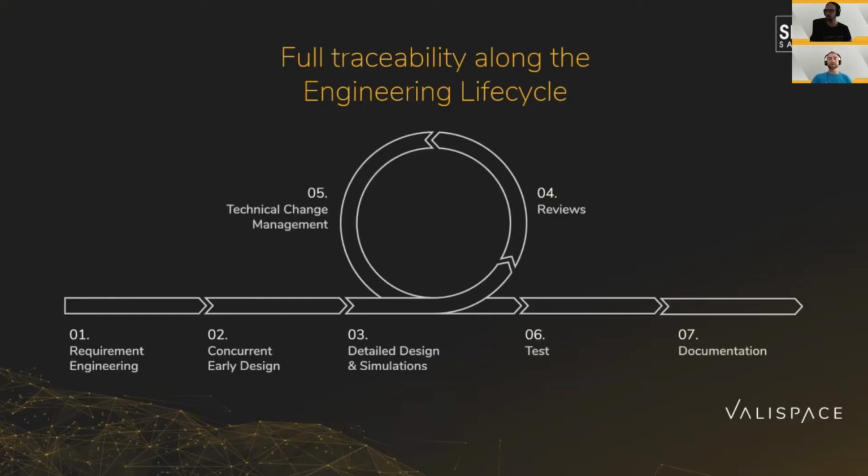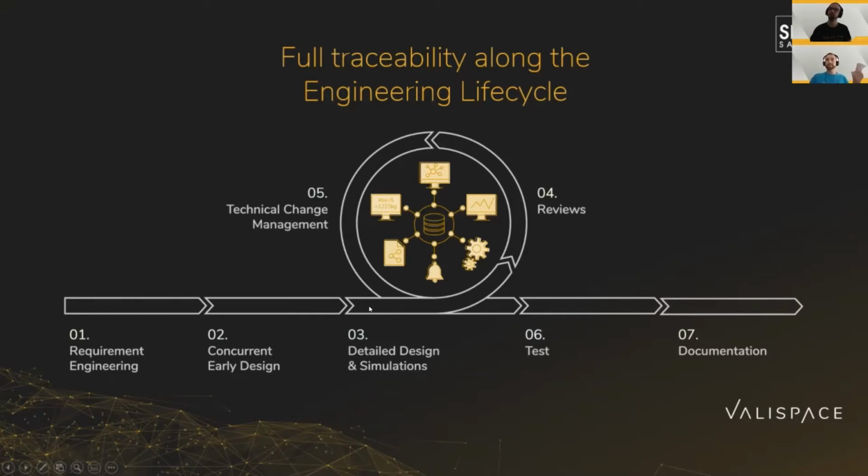As a recap, essentially starting off from requirements engineering up to designing concurrently and furthering those designs into more detailed designs and connecting to simulation tools, all the way to reviewing, doing technical change management, and then testing and documentation, being able to really trace back where all the data come from, and then storing them in a single source of truth, which Valispace then offers. I won't dive any deeper, so we can go directly into the product demo.